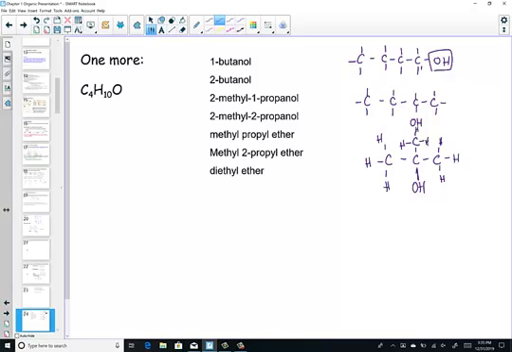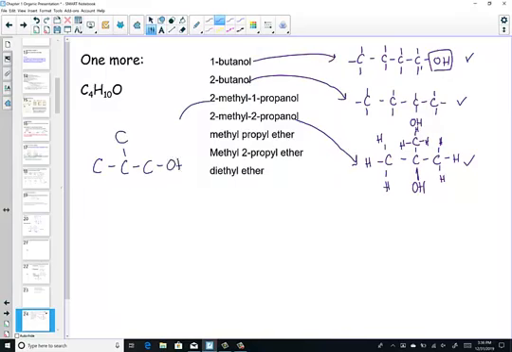So we had 1-butanol, 2-butanol, 2-methyl-2-propanol. Oops, that one I just drew here. And I think I skipped one, so let me put that over here. We could have had the methyl group on carbon 1 and called that an alcohol group as well.